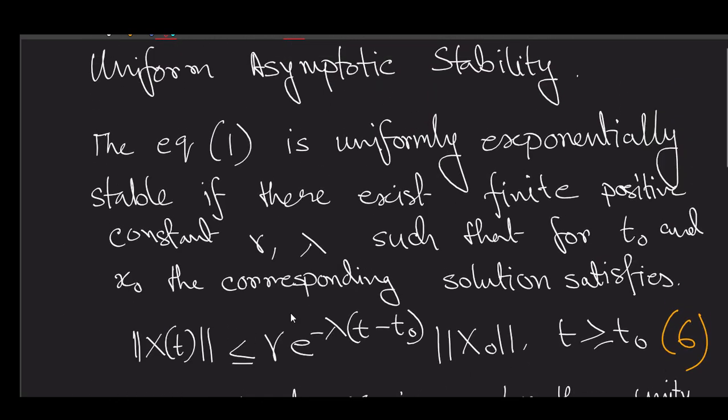Now we will discuss another important concept. I have made a mistake. So again, the linear state equation 1, I know you can now refer to which one is your equation 1.